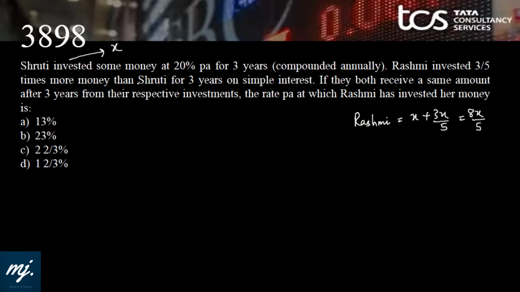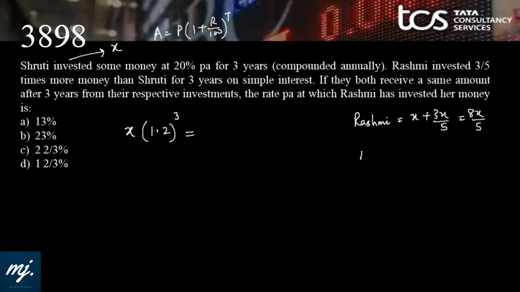Okay, so both amounts are the same. From compound interest, we know the amount formula A equals P into 1 plus R by 100 to the power T. Here it is compounded annually. So let it be X into, 20% means 1.2, for 3 years. This is the amount for Shruti. This is equal to the amount for Rashmi.